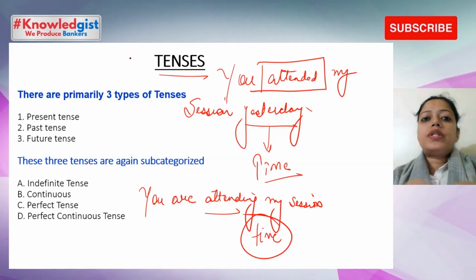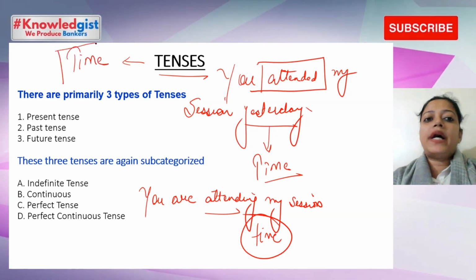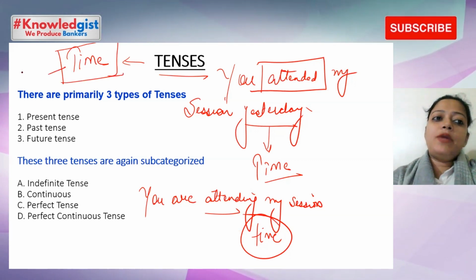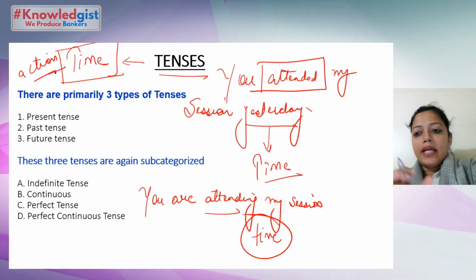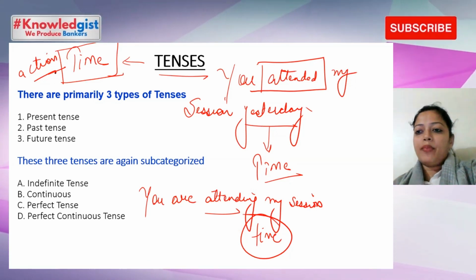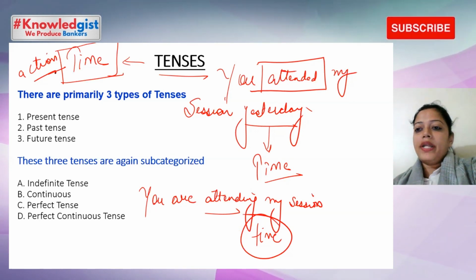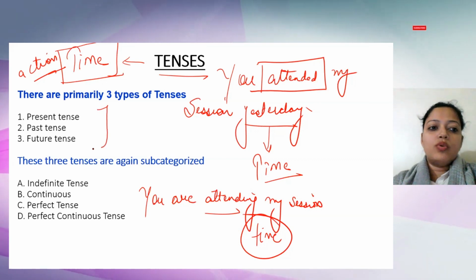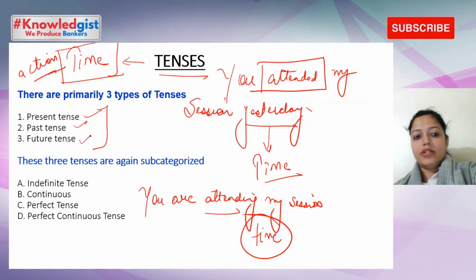So we use tenses to show time. Time of which? Time of action. The action which happened in the past, which is happening in the present, and which will happen in the future. So according to the time, we divide the tenses into three portions: present tense, past tense, and future tense.